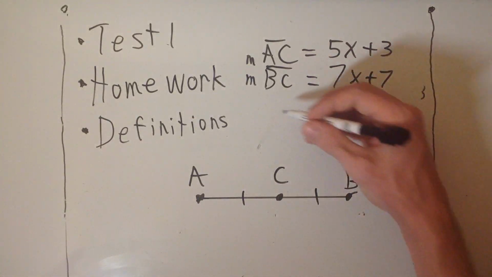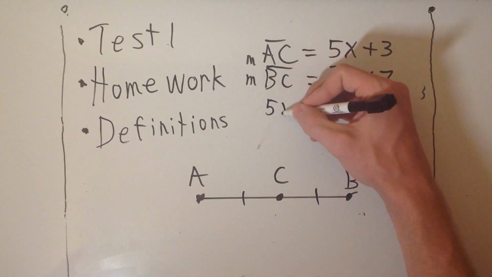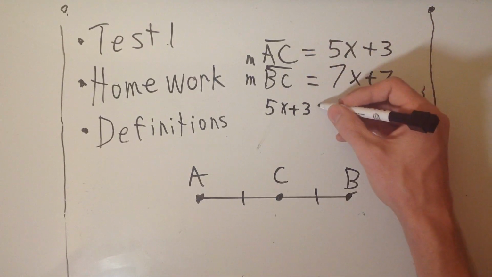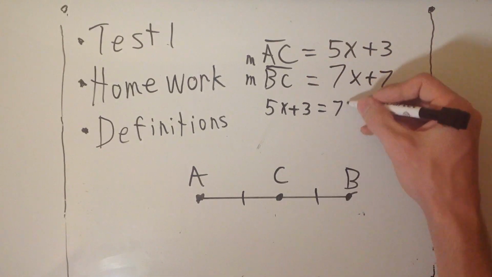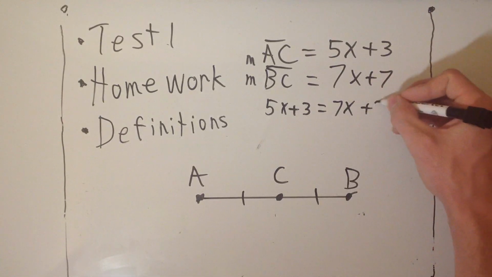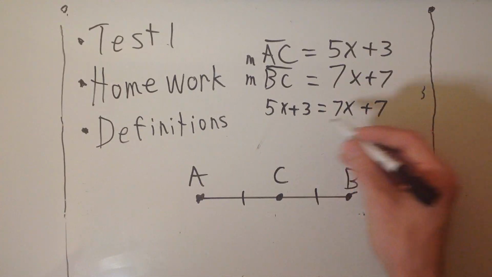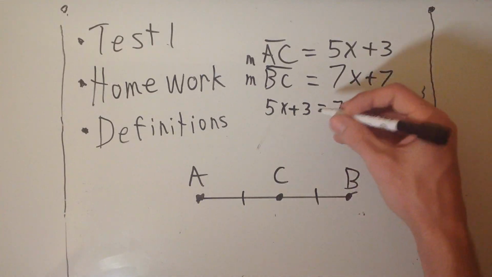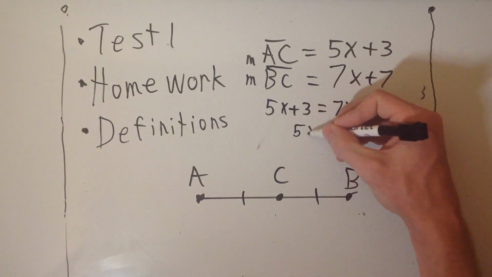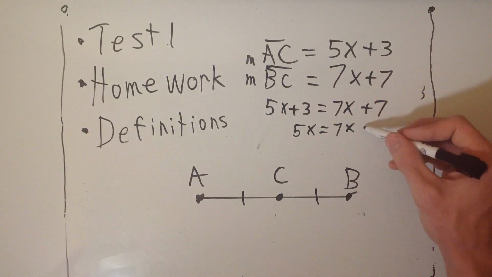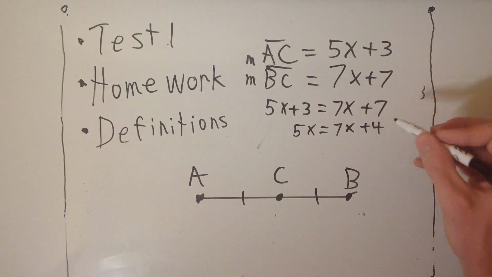So we're going to start by solving for x. We got 5x plus 3, which is the length of AC, equals 7x plus 7. We're going to subtract 3 from both sides, and we get 5x equals 7x plus 4.